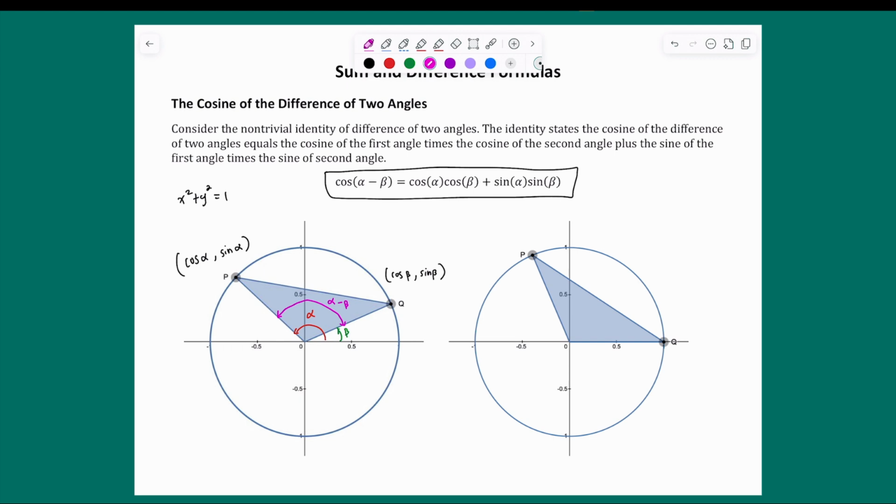The argument we're going to make is that the length of this triangle side that we formed between P and Q, the length of segment PQ, is going to be equal to an identical segment PQ where we rotate this angle.